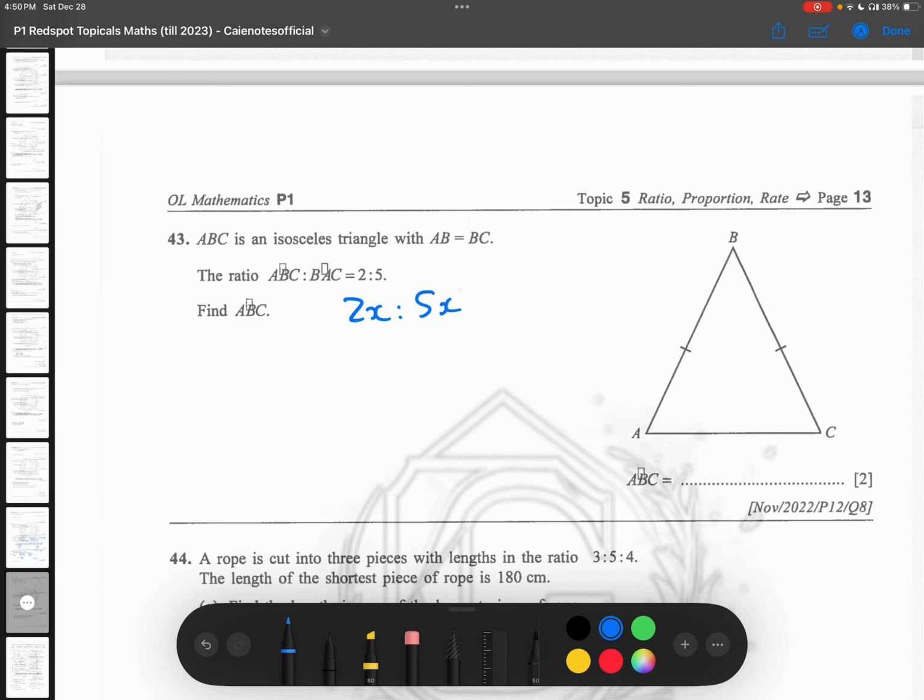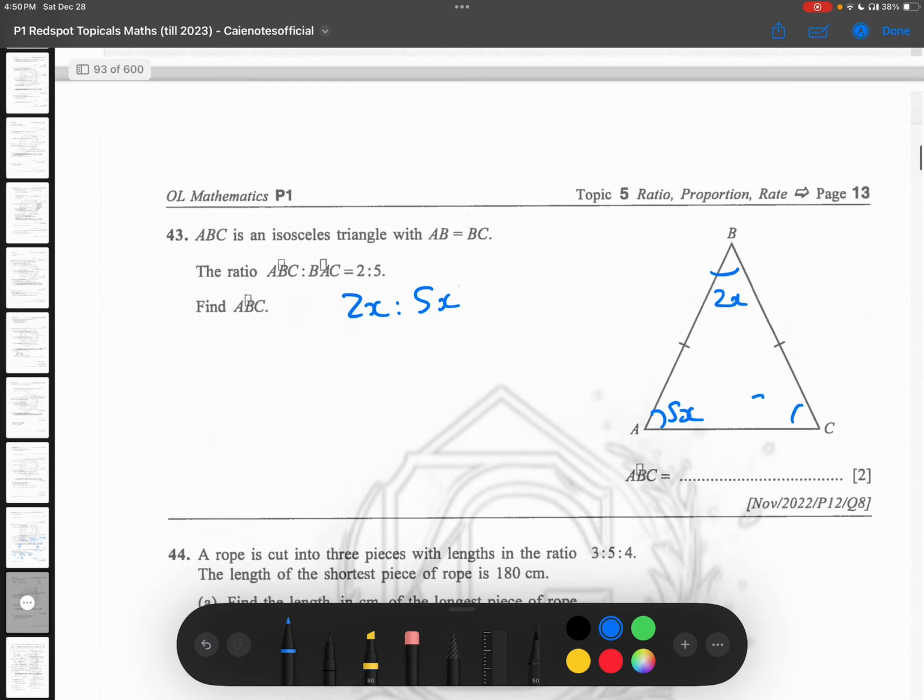So ABC is 2x. I will write 2x over here. BAC is 5x. And as we can see, this is an isosceles triangle. So in any isosceles triangle, the angles opposite the equal sides are equal. So this will be 5x as well. If we now add these three angles, 5x plus 5x plus 2x, this will be equal to 180, the sum of these angles.